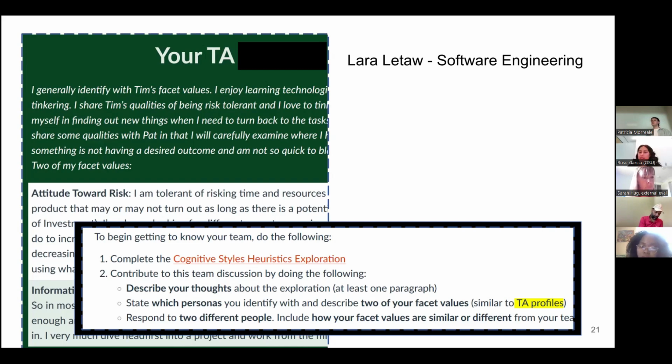She created a Canvas exploration for these and had students go through that and learn about them. And then I do believe that she eventually had them use the heuristics on their software projects as well.